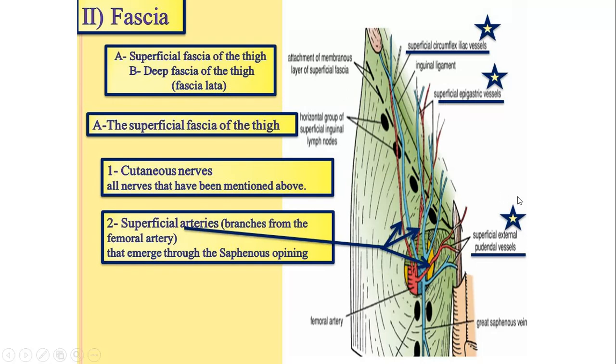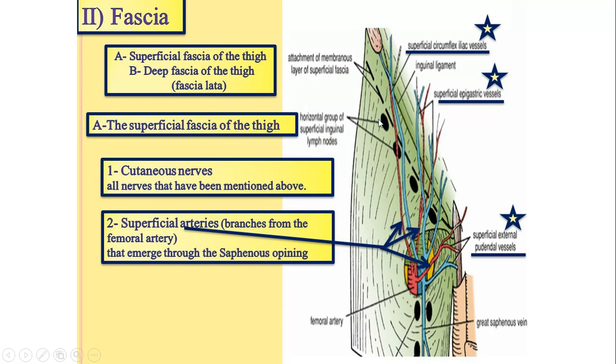Here are shown the superficial branches of the veins draining into the great saphenous vein: the superficial external pudendal, the superficial epigastric, and the superficial circumflex iliac. Groups of lymph nodes are also shown.